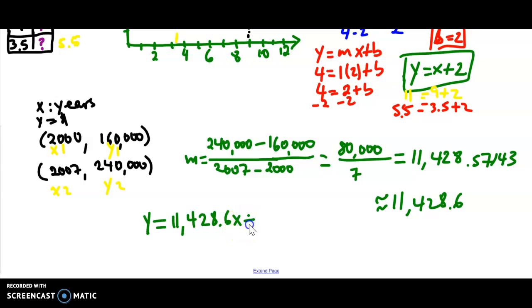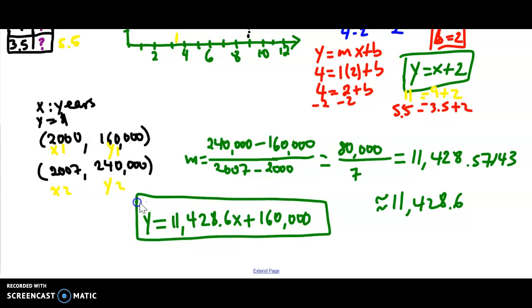And remember, your starting year was 2000, so your base year is 2000. So your b value would be 160,000. That's how much a house was in your base year, which is 2000. So having that in mind, I can go ahead and calculate what the value of a house would be today. If x is years since 2000, then for 2020, if you replace the x with 20 and you multiply, you will get the answer.